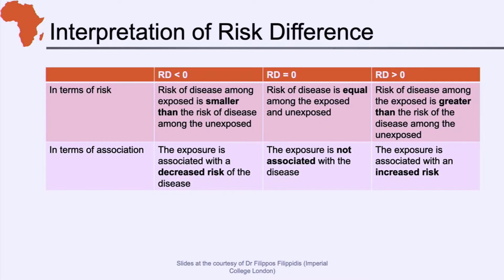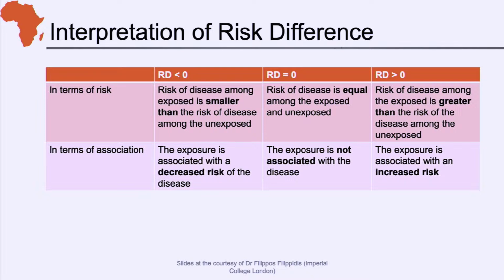This table gives you the interpretation, somewhat like a cheat sheet that you might want to use. Basically, if the risk difference is below 0, then the risk of disease among those that are exposed is smaller than the risk of disease among those that are unexposed, whereas it's the opposite when the risk difference is above 0.